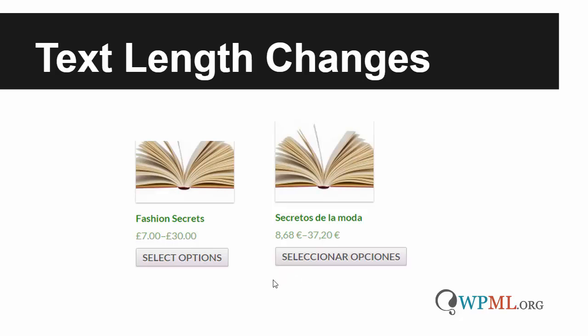So a good choice for multilingual themes will be to make a layout dependable on the content, not to force layout into the exact dimensions that you see for English texts, but to allow it to breathe, not to specify exact dimensions in pixels.